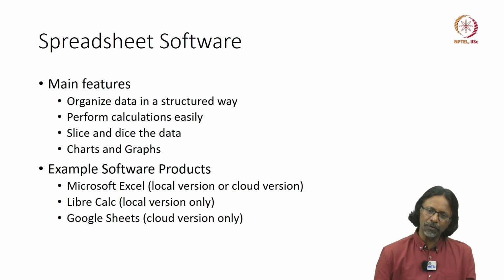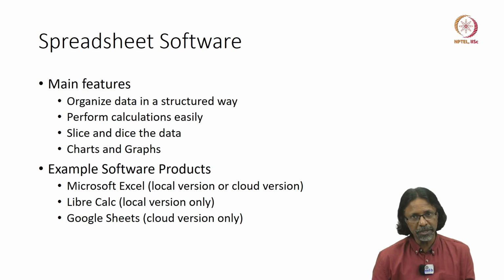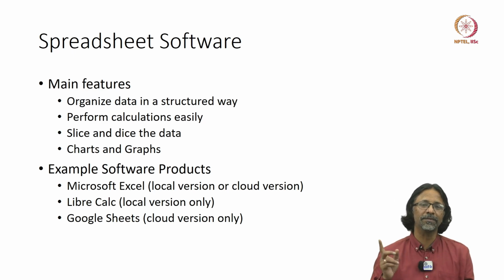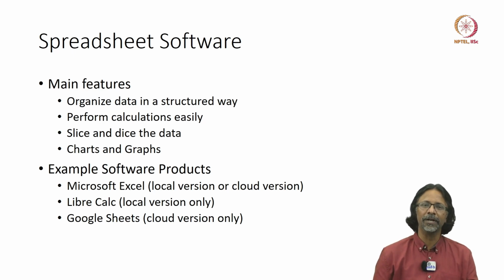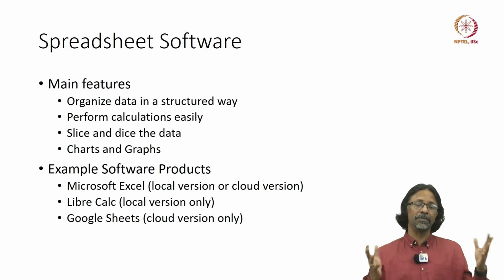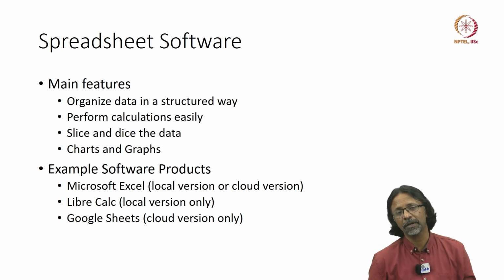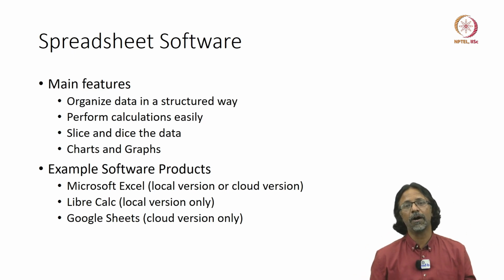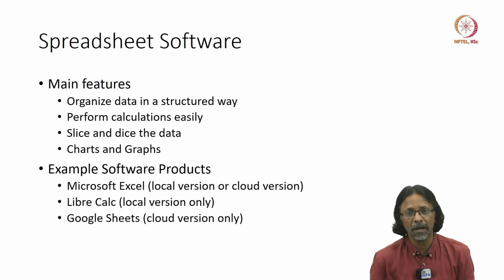There is another version which is called the cloud version. The cloud version is offered as part of the Microsoft Office 365. Right? Office 365 is another suite of software where they have tried to provide a majority of these installable software which is part of the Microsoft Office in the form of accessing over the cloud.